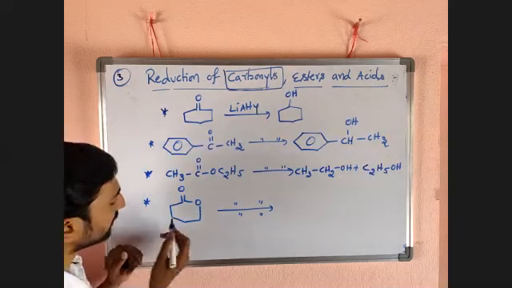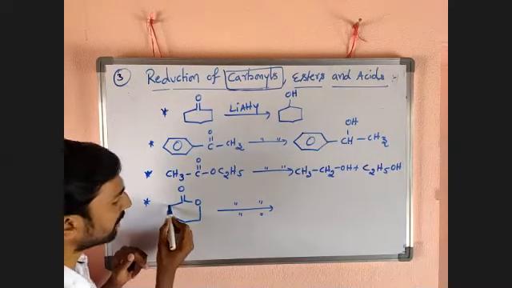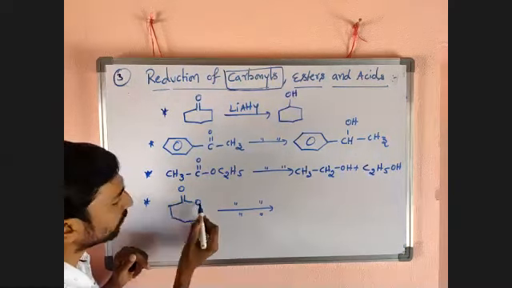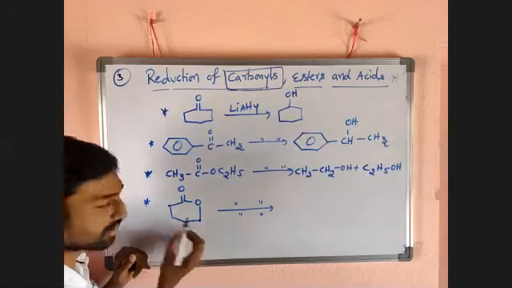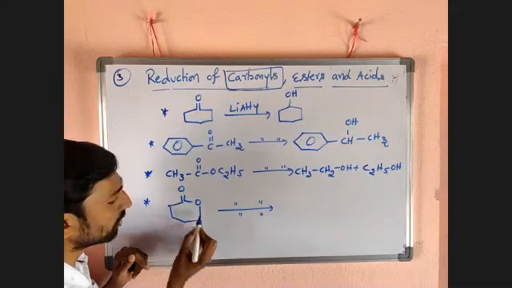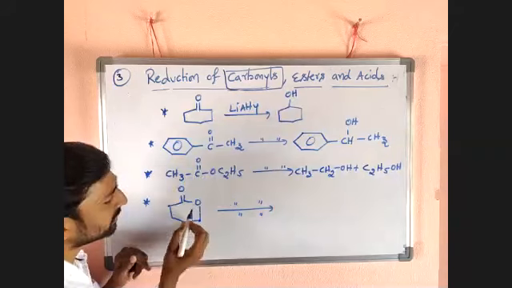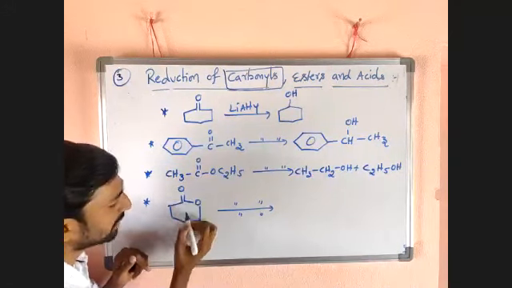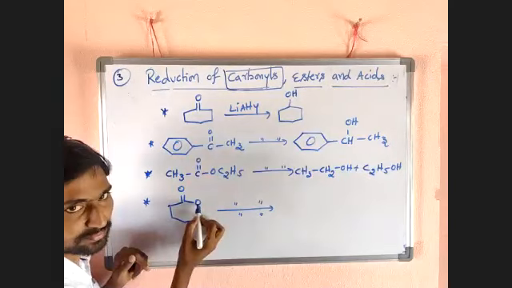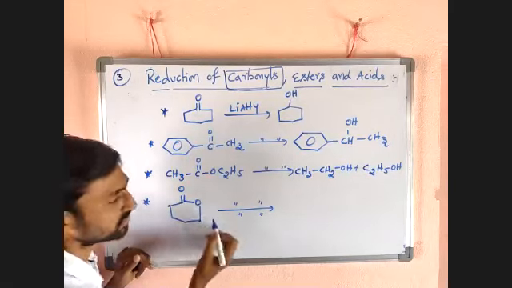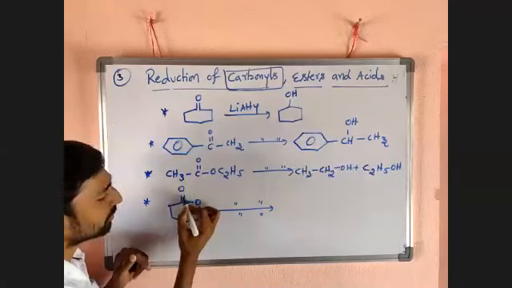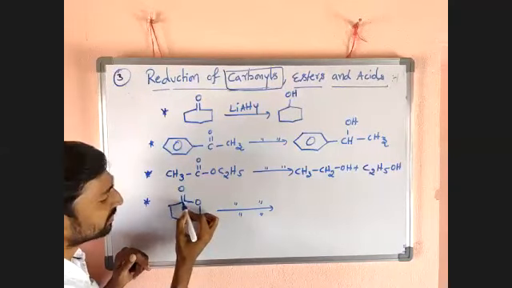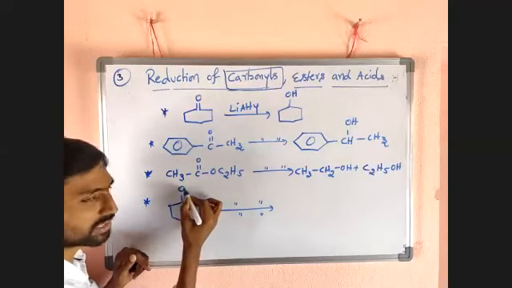Look here, it is a carbon with RCOOR. Now just clear that bond, add H here, H here. It will convert into OH. Now clear that double bond, add H here, H here. Now this carbon gets 2 hydrogens and converts into CH2OH, and this O also converts into OH.